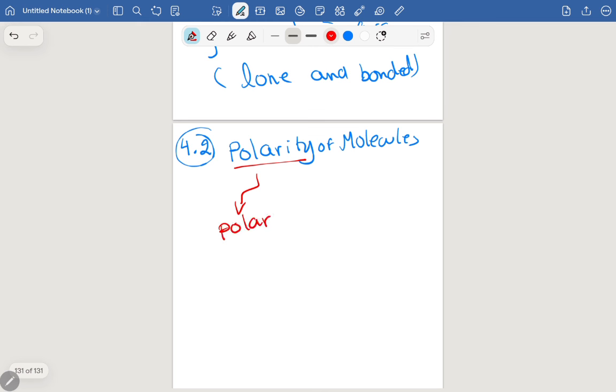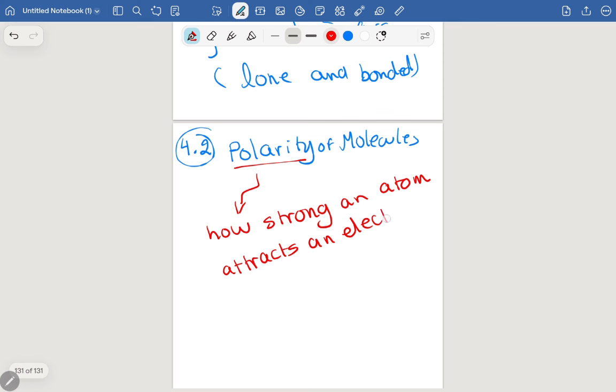If an atom is polar, it is stronger than the other atoms at attracting an electron. So polarity is how strongly an atom attracts an electron. This is the definition of polarity.